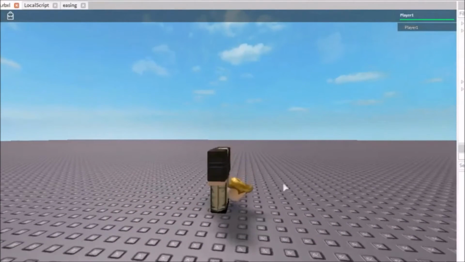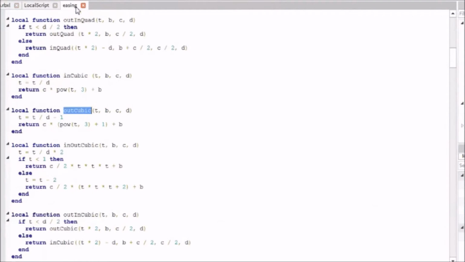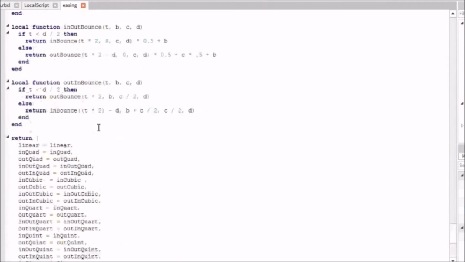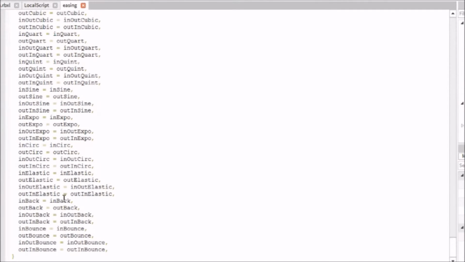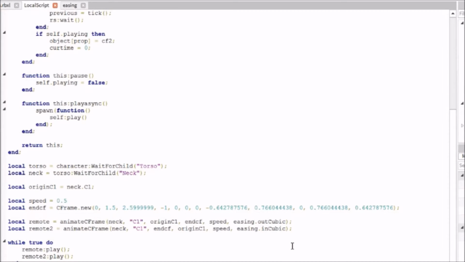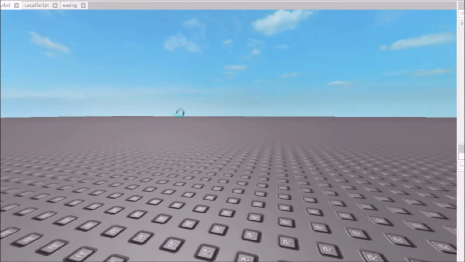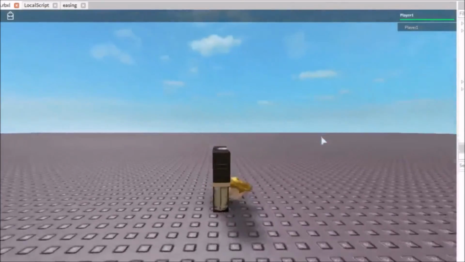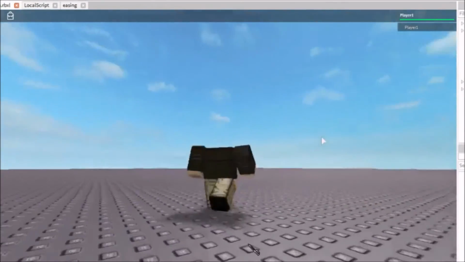See how it is a bit slower down there, and it gets really fast up at the top? That's what the different easing is. I don't know if they have an elastic? They do have an elastic, so I'll do that. In elastic and out elastic, just because that's pretty noticeable. Right, so that's elastic there.